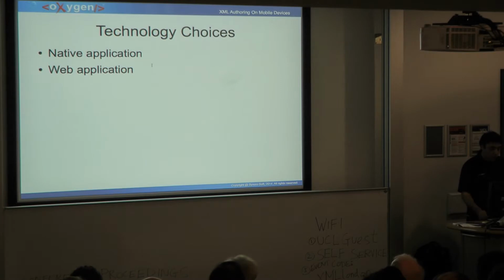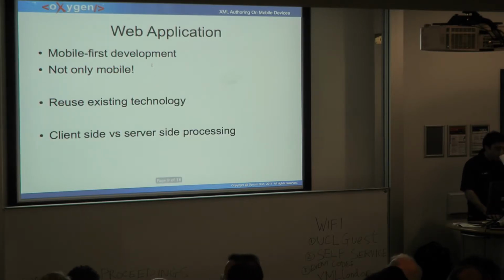So we decided to go the web app route, especially because that allows us to work on any device, not only on phones or tablets, but also on desktop, or even my TV. It works on my smart TV too, so you can review documents on your TV if you want.